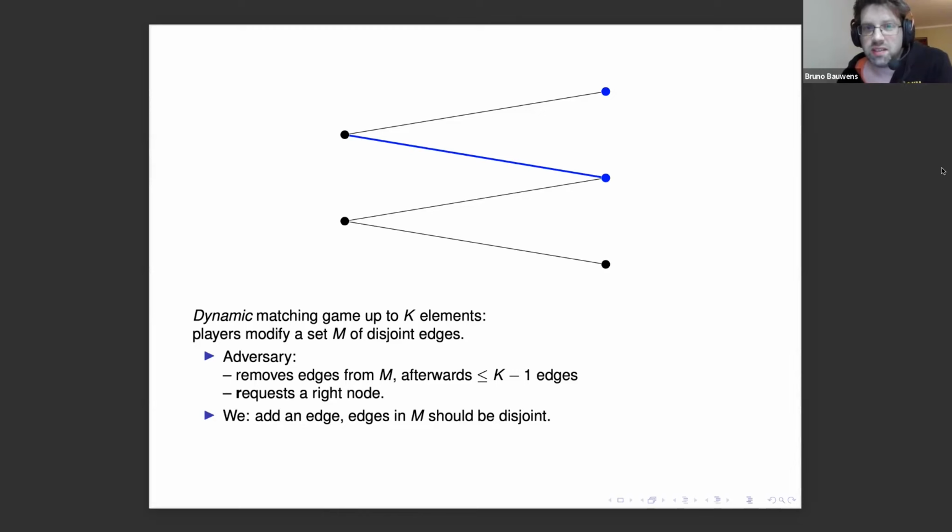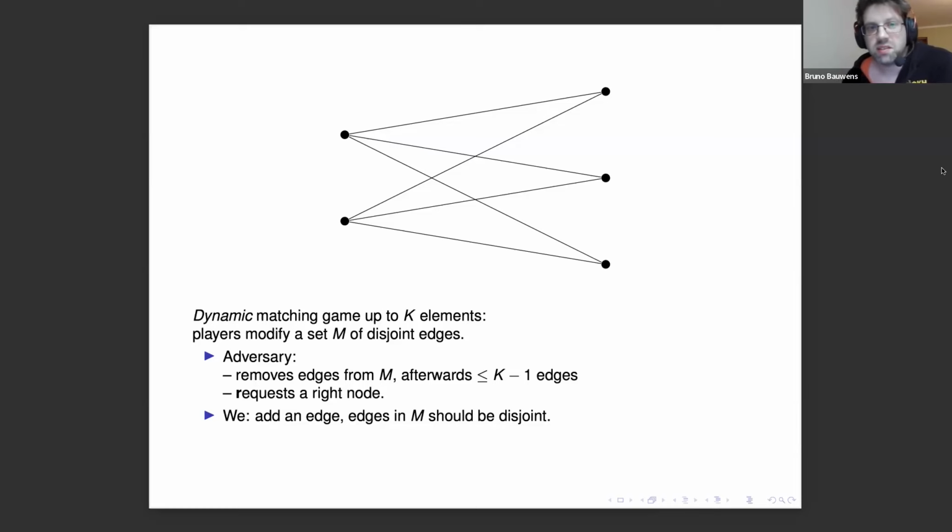So this graph does not have dynamic matching up to 2, but it has offline matching up to 2. Next is a fully connected bipartite graph, and this has dynamic matching up to 2 elements, which is quite obvious.